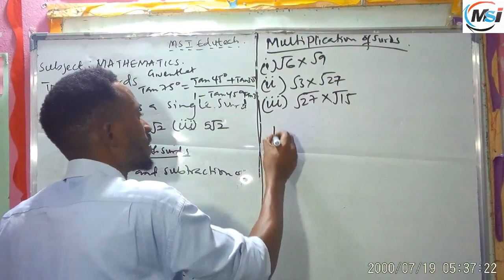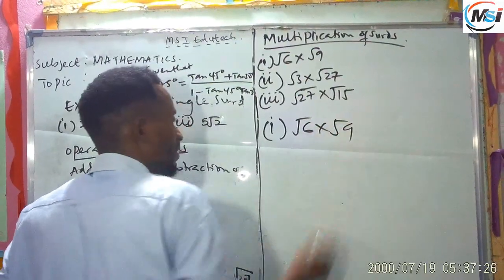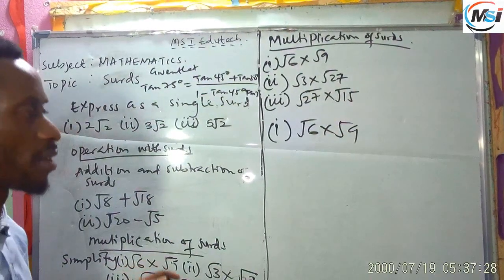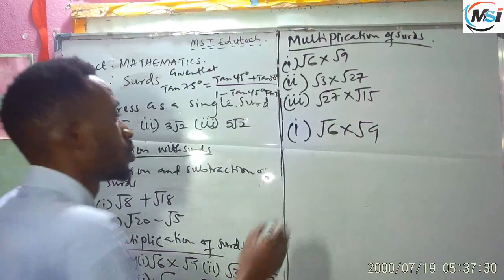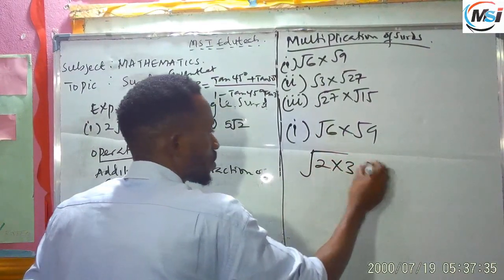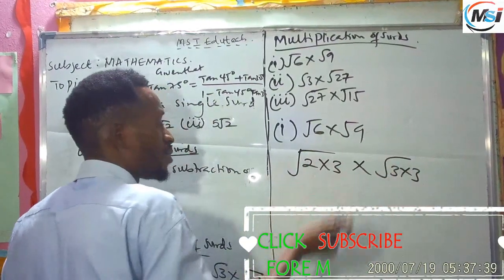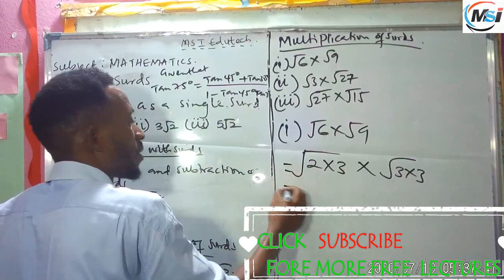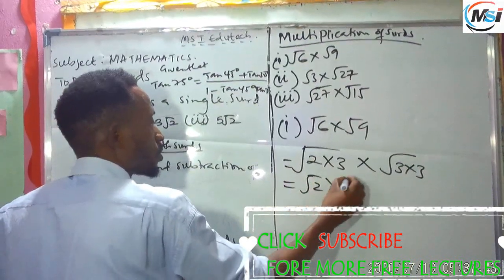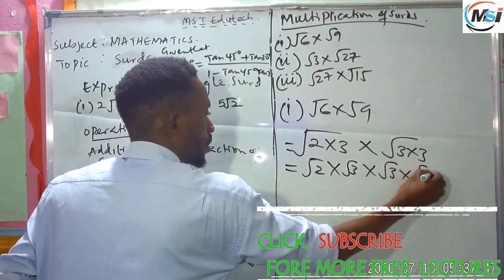Roman figure 1 is root 6 times root 9. Root 6, you have to simplify that to be what? 2 times 3 will give you 6, and 9 will give you 3 times 3. So let's simplify it singly. We are going to have root 2 times root 3 times root 3 times root 3.